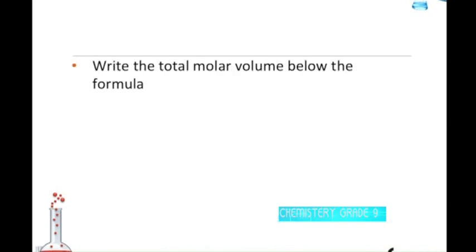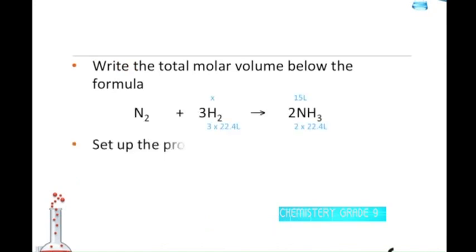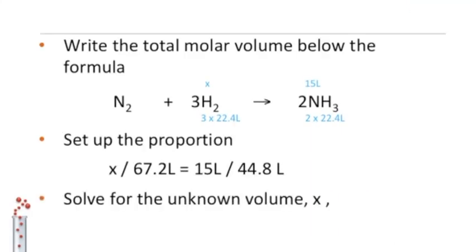Then write the total molar volume below the formula. Set up the proportion. Now we can solve for X. 22.5 liters of hydrogen is needed.